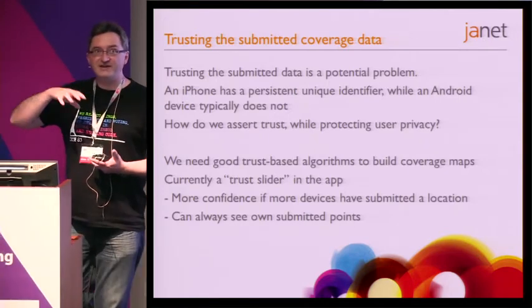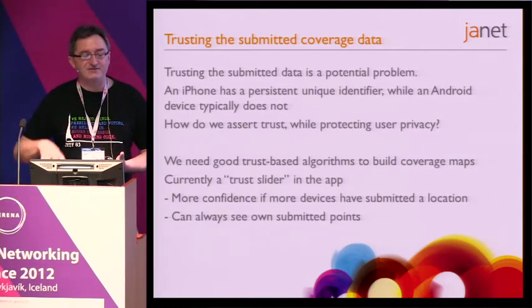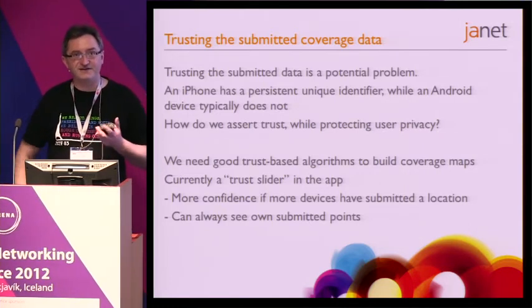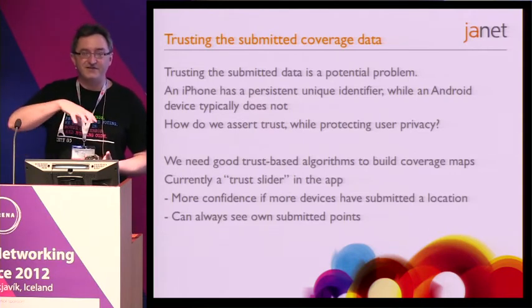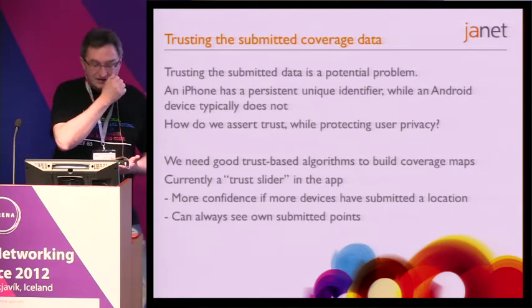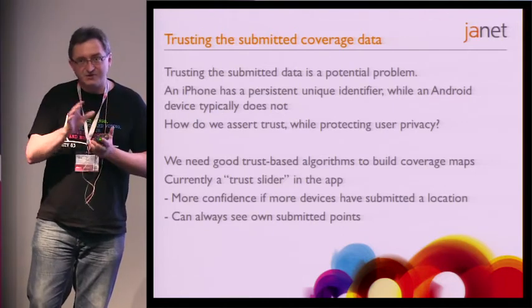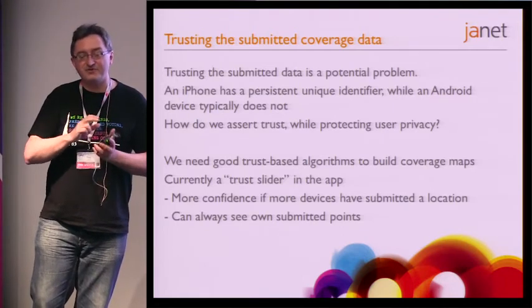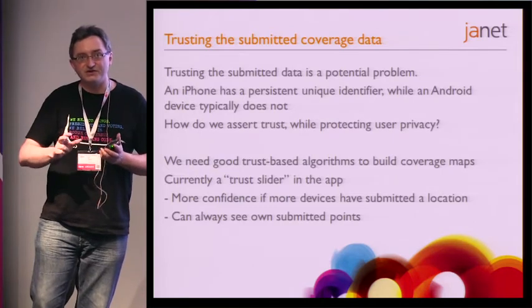So ideally we need some kind of trust infrastructure, whereby you can either recognize the device, having seen that it's contributed a lot of good points, and therefore give higher weight to the additional points that it's contributing, or maybe have something within the app, which is what we have at the moment, where you can move a slider so that the more unique devices that say, yes, there's eduroam here, the more you trust the point.